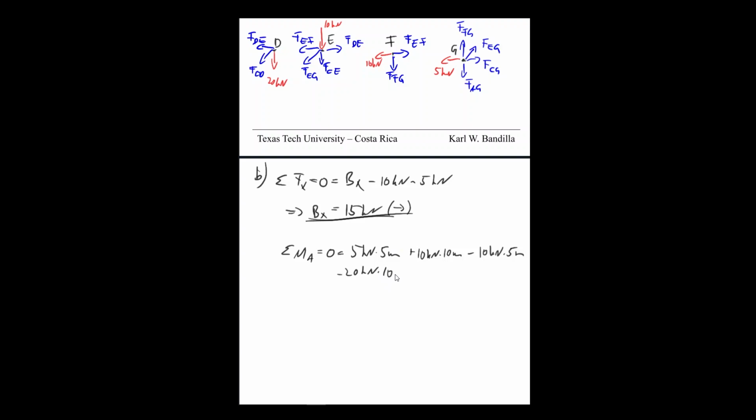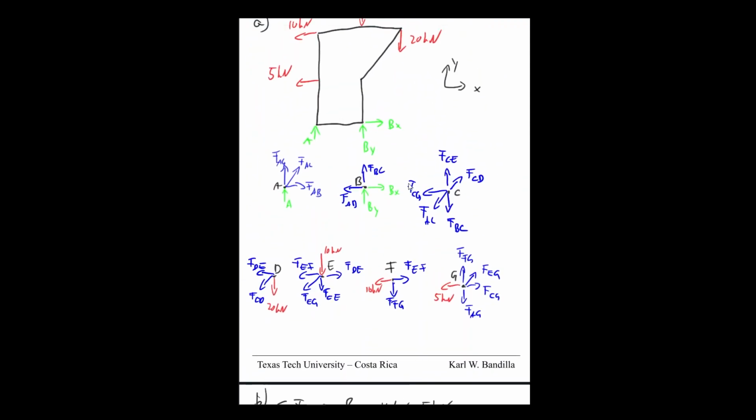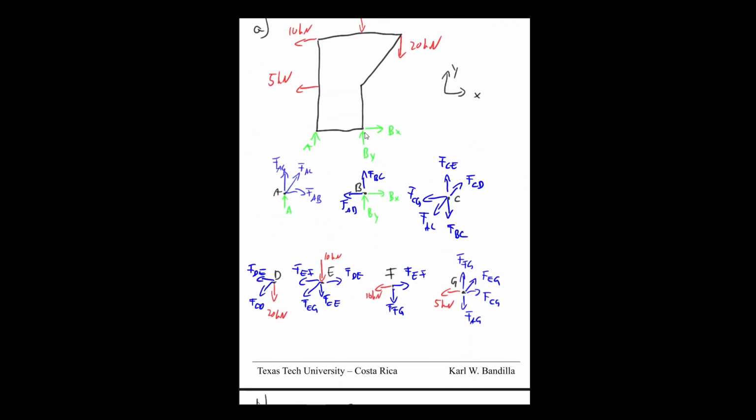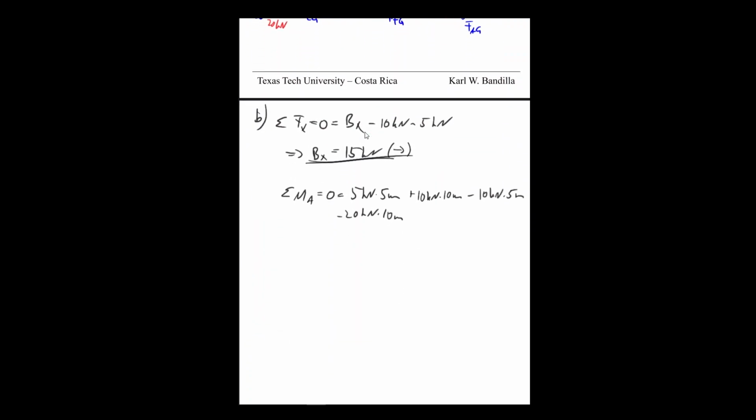And let's not forget the one that we're looking for. So By will be going counterclockwise, 5 meters. So plus By times 5 meters.